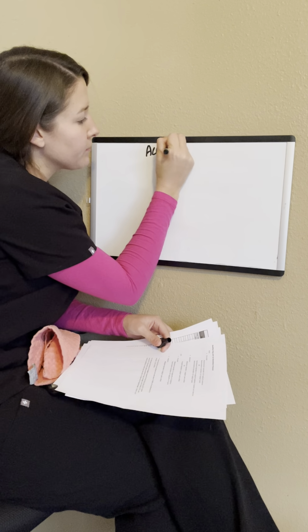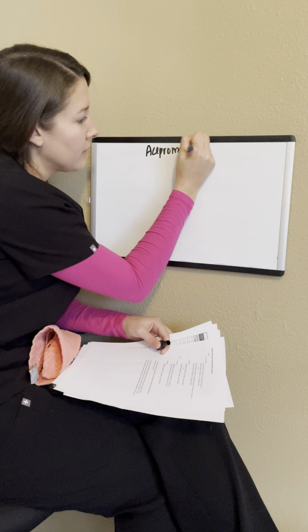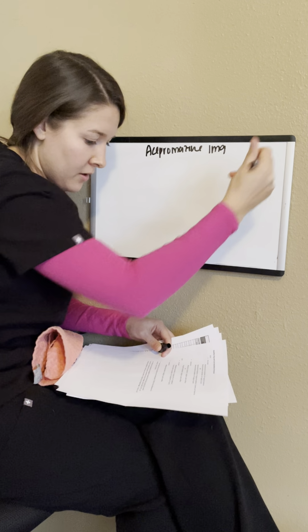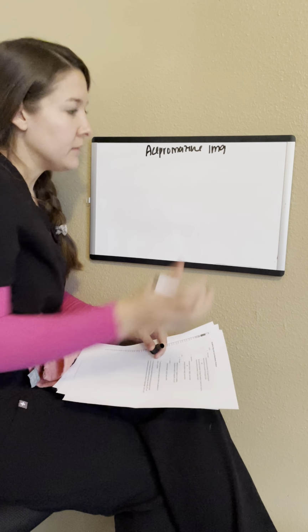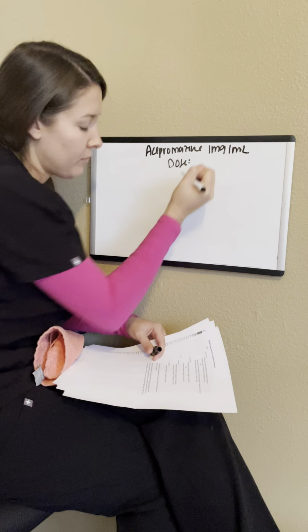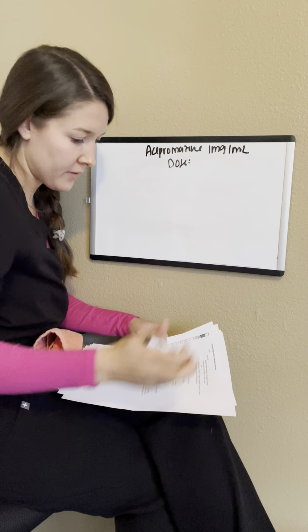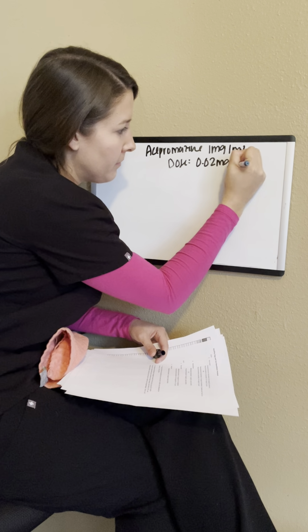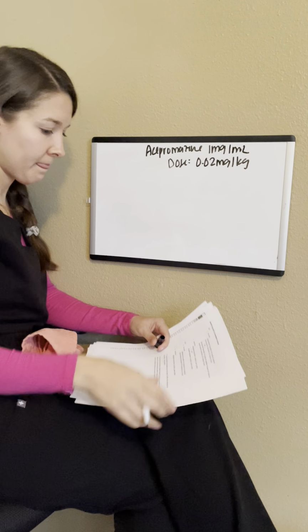So usually the acepromazine concentration is 1 mg per mil. You want a dose of 0.02 mg per kg.